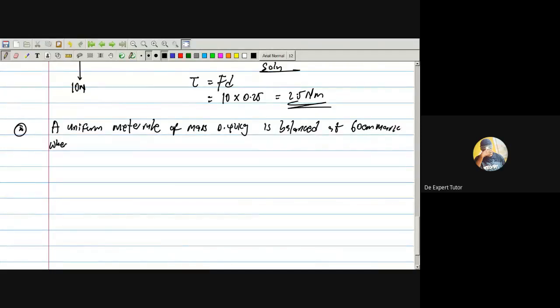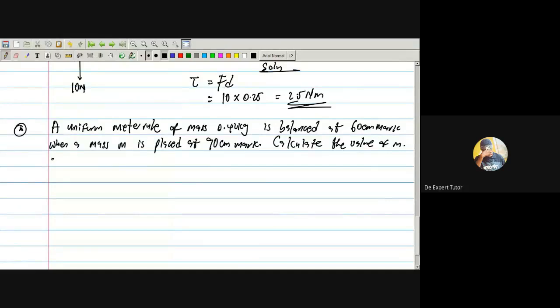When a mass M is placed at the 90 centimeter mark, calculate the value of M. As simple as that.